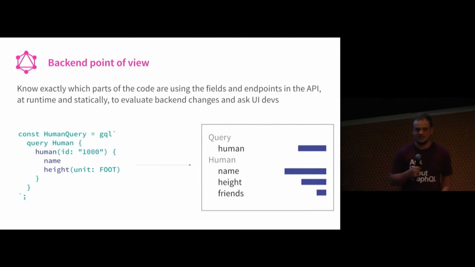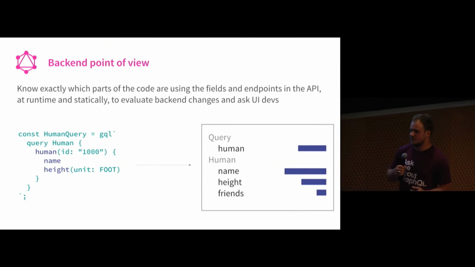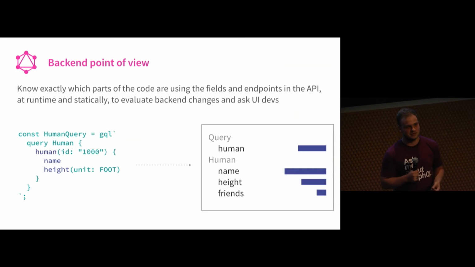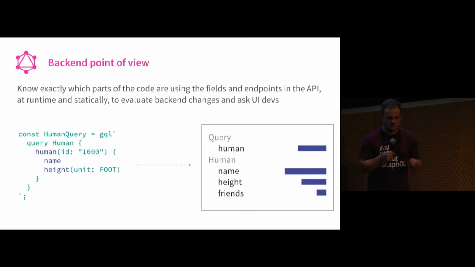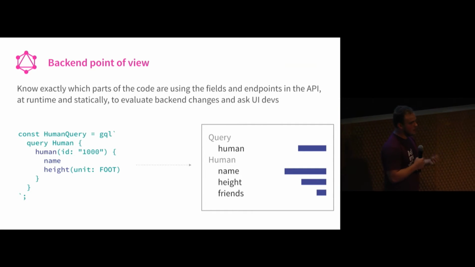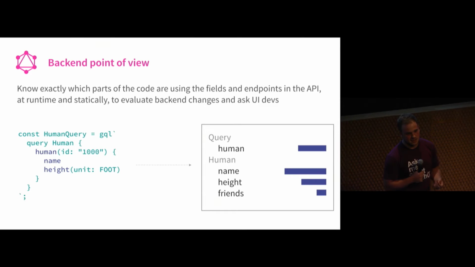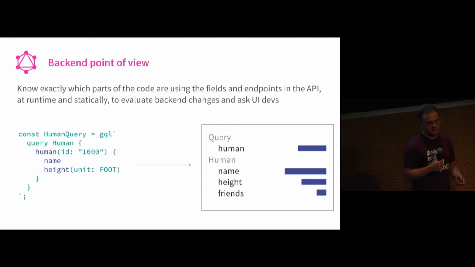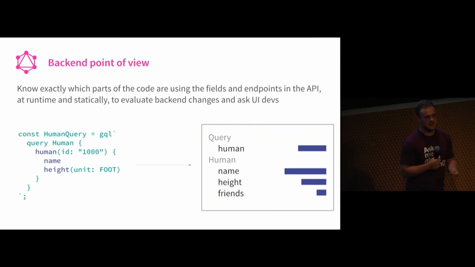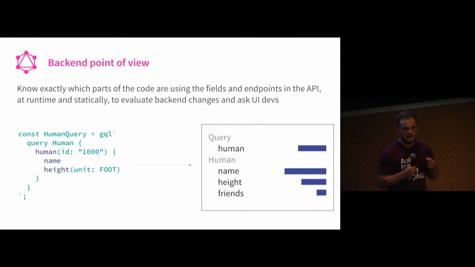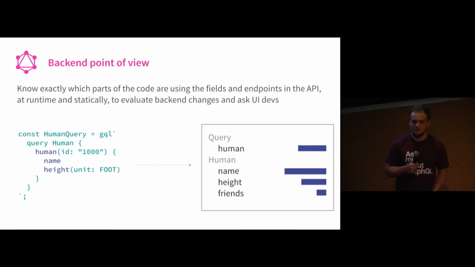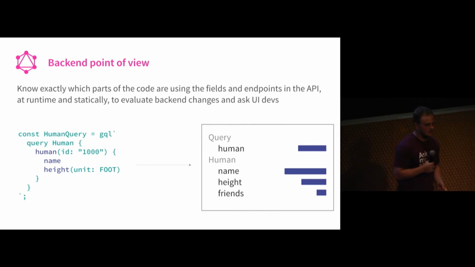So I think if you look on the internet, you'll find a lot of stuff praising GraphQL from the front end perspective of how easy it is to fetch the data. But even from the back end point of view, how cool would it be, when you're developing the API, to know exactly for every single field you're fetching from your database, which part of your UI is using that, how are they using it, how often are they using it, who wrote the code that fetches that.